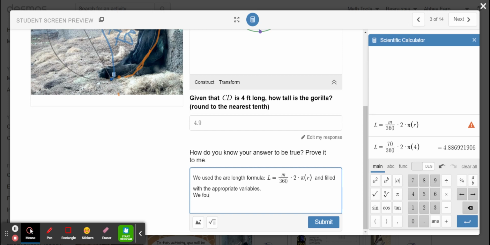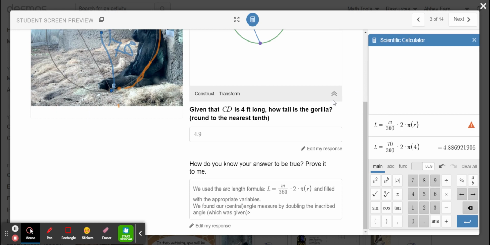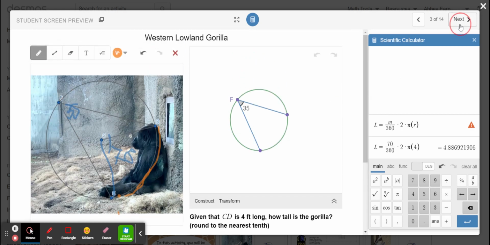We found our angle measure, more specifically our central angle measure, because that's what we need to fill in our formula, by doubling the inscribed angle, which was given. All right, so we're going to hit submit and then go on to slide 5.